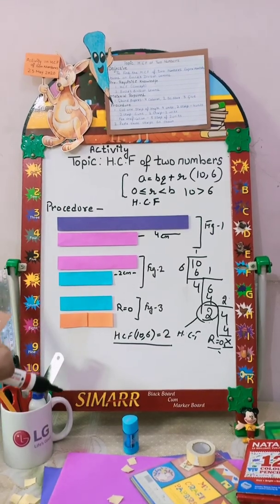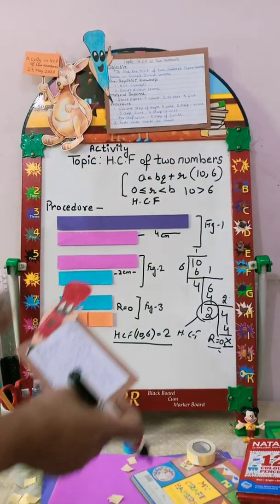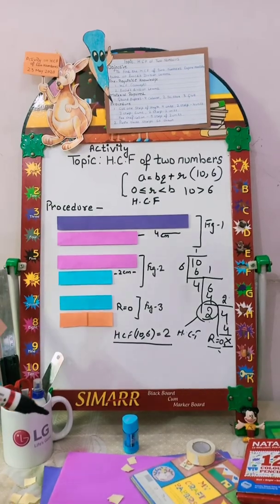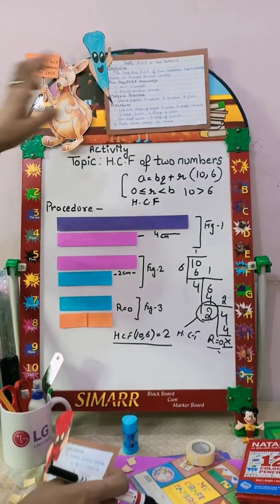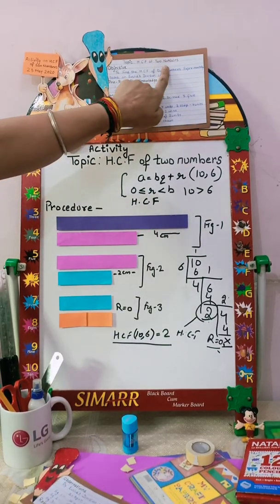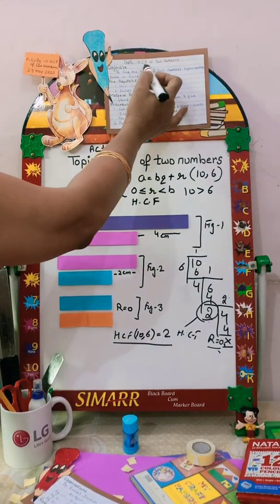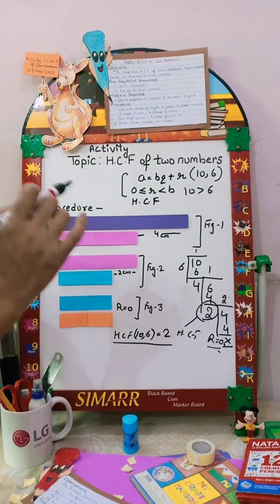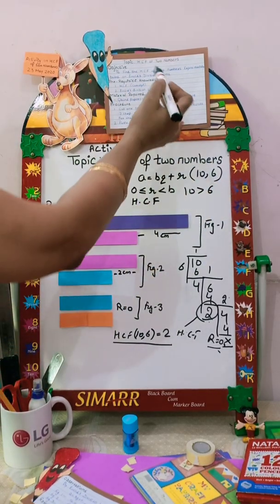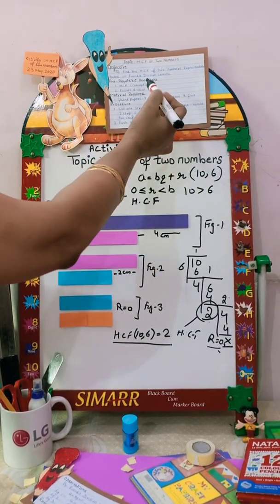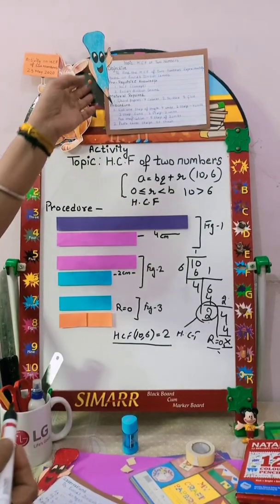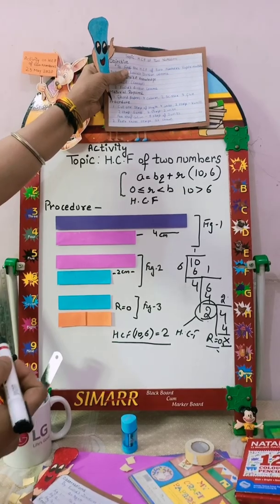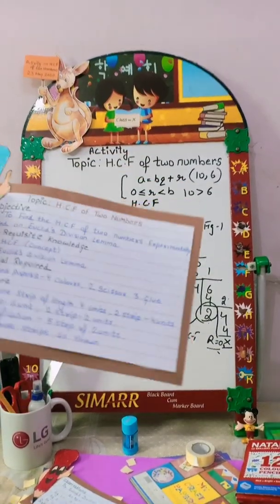I am repeating once again how to do this lab activity in your maths lab activity book. First of all, you write the topic. The topic is HCF of 2 numbers. There is no need to write 10 or 6. Only the topic name, HCF of 2 numbers. Objectives: to find the HCF of 2 numbers experimentally based on the division lemma.